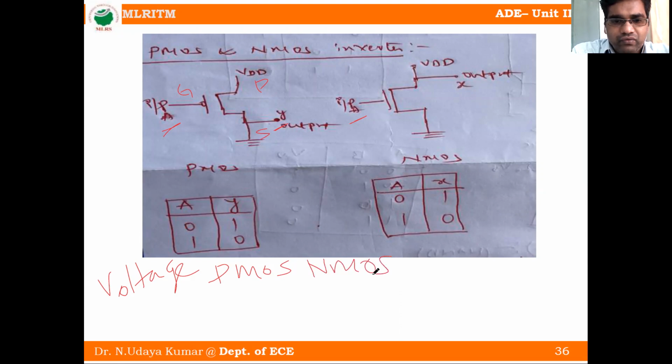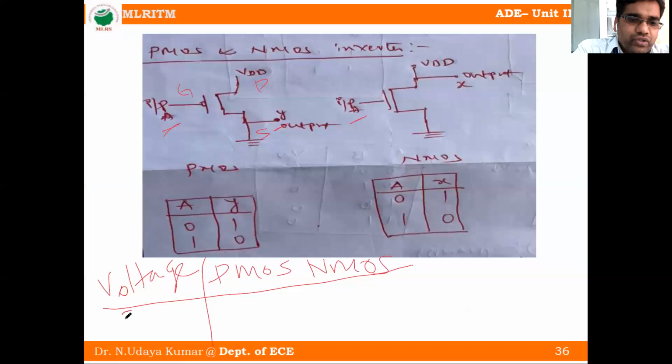For example, on the input side I am giving 0 volts. What does 0 volts mean? It is low, which means logic 0.